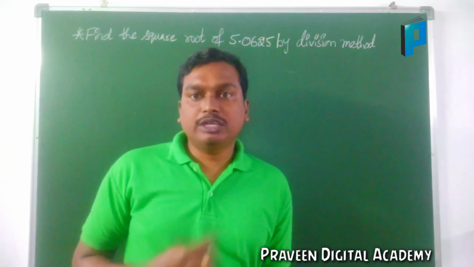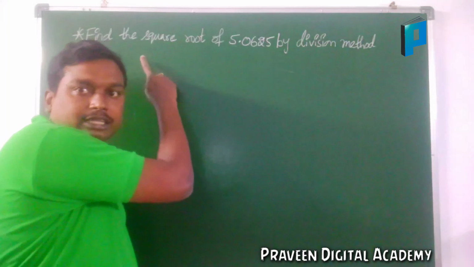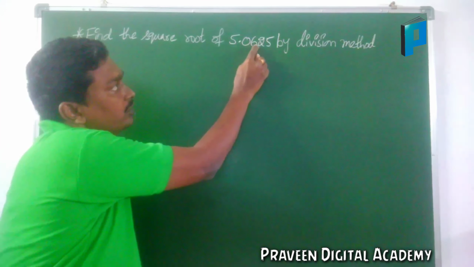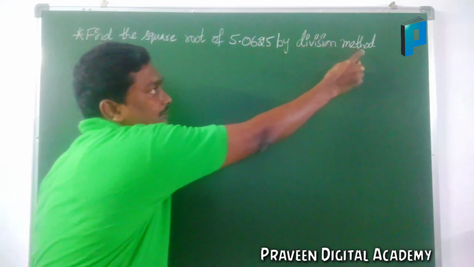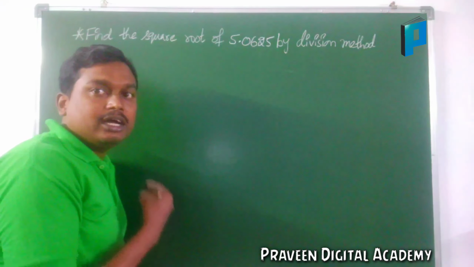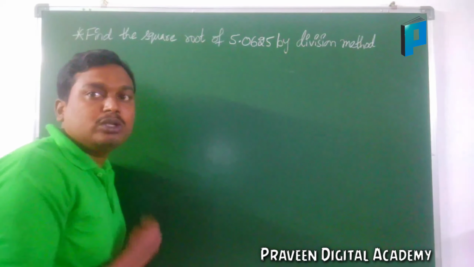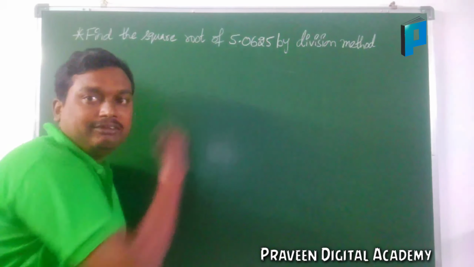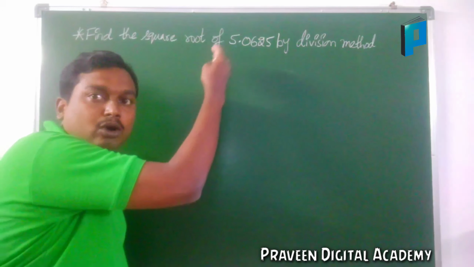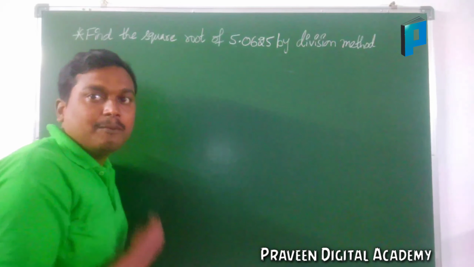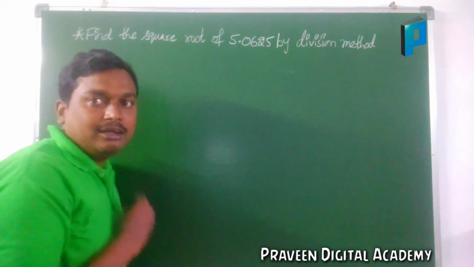Here the first question is: find the square root of 5.0625 by the division method. If you have any decimal number, you can find the square root only by the division method. You cannot find the square root of a decimal number by using the prime factorization method.